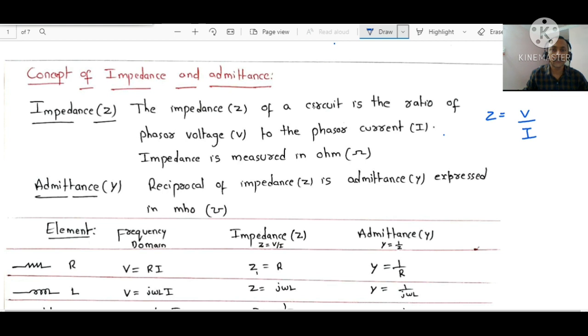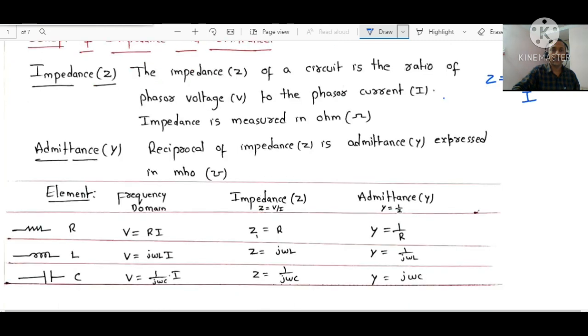And the impedance is measured in ohm. With respect to the admittance, the reciprocal of impedance is admittance, which we will express in mho or Siemens, right?